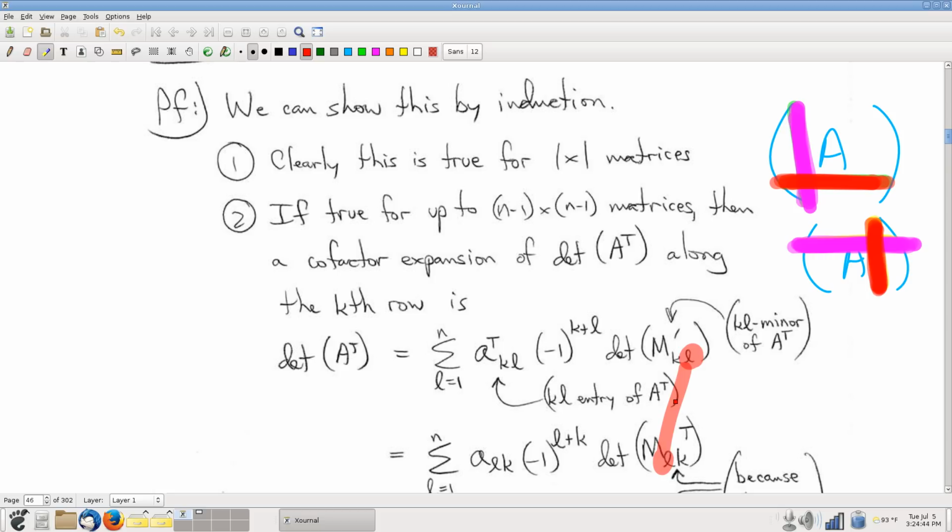So in both cases, we're crossing out exactly the same numbers and then transposing. And whether you cross out those numbers before you transpose or after, you're still throwing away the exact same numbers. So even though these look different, the important observation to make here is that these two matrices are identical, and therefore, of course, their determinants are the same. Okay, so that's the big step in this proof.